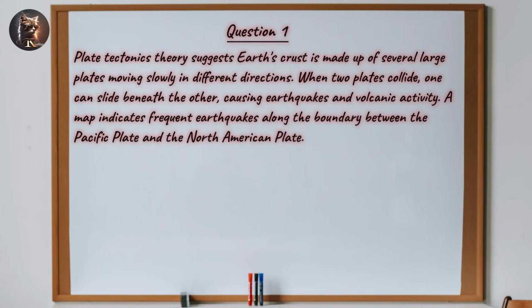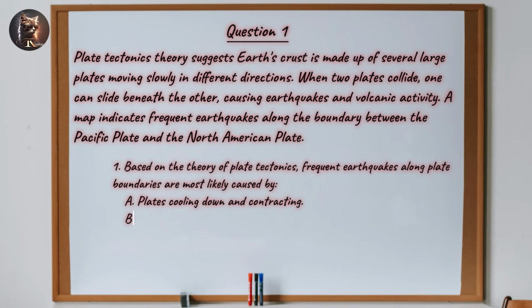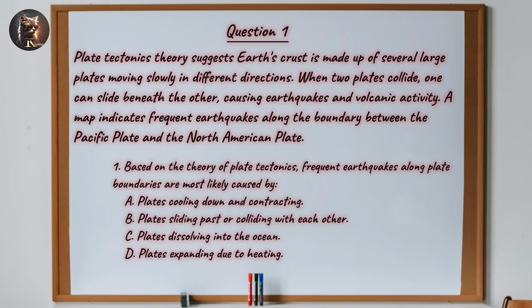Okay, let's break down this question together. The question asks, based on the theory of plate tectonics, frequent earthquakes along plate boundaries are most likely caused by... So, when a question asks about plate tectonics and earthquakes, it's really asking you to recognize that earthquakes usually happen because plates are either colliding or sliding past each other, creating pressure and eventually releasing it as an earthquake.